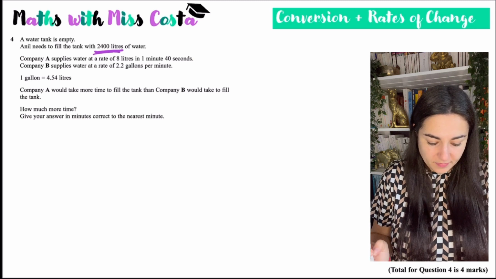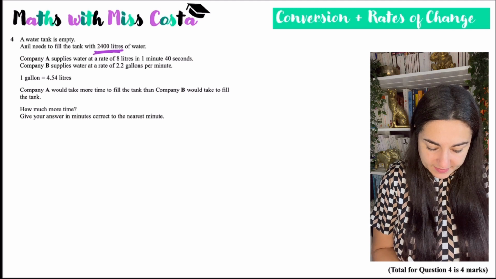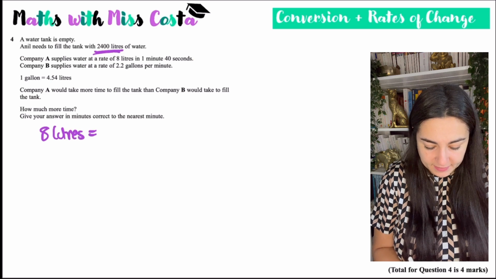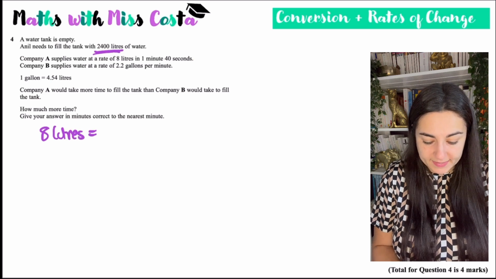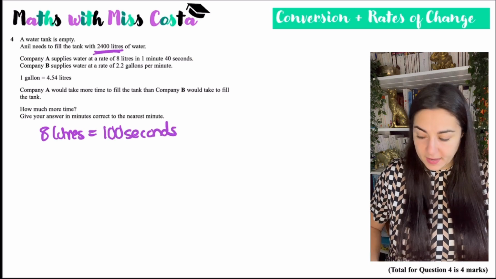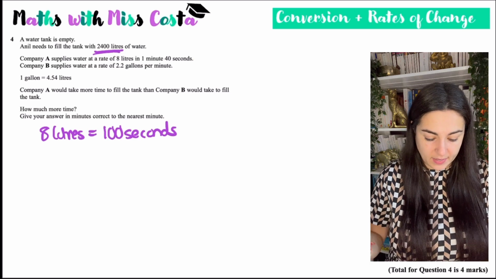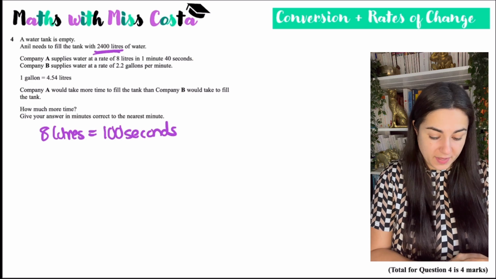So company A supplies the water at a rate of 8 litres in 1 minute and 40 seconds. So 8 litres is filled in 1 minute, which is 60, plus 40 seconds, which is 100 seconds. And we need to work out how long it would take to fill 2,400 litres.